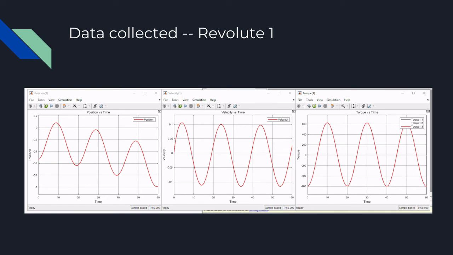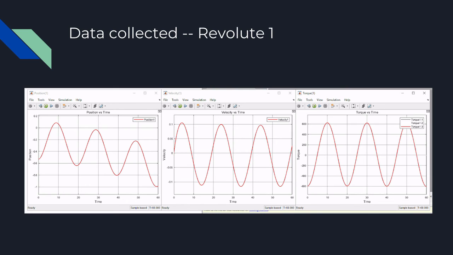The position starts off at a negative number that correlates with the equilibrium position, and it slowly decreases over time, which has to do with the position that the boom is going to end up at. Velocity is fairly consistent across, and the torque is going to start off at negative 600, since that was the supplied current that we gave the joints.